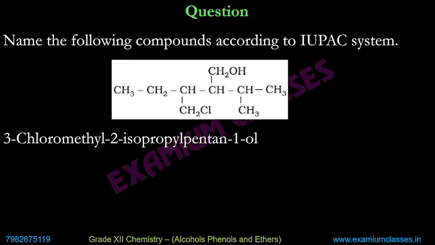Okay. It will be 3-chloromethyl 2-isopropyl pentanol. If you remember, in the beginning, I said you will keep the alcoholic functional group in the main chain. Quite a few students have overlooked that. So the main chain will actually be this one.